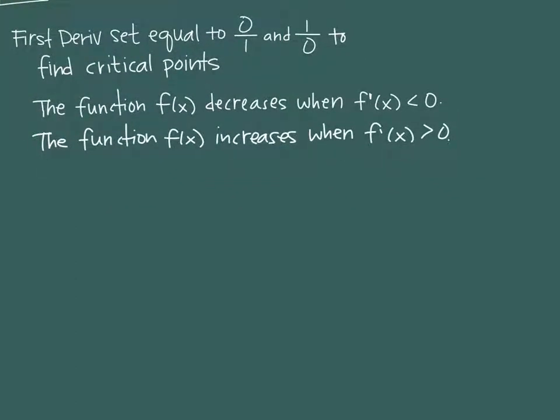All right, then you ought to talk about extrema, maxes and mins. And so you're going to argue your case: the function f of x has a max when... Now here's where the reason often is weak.